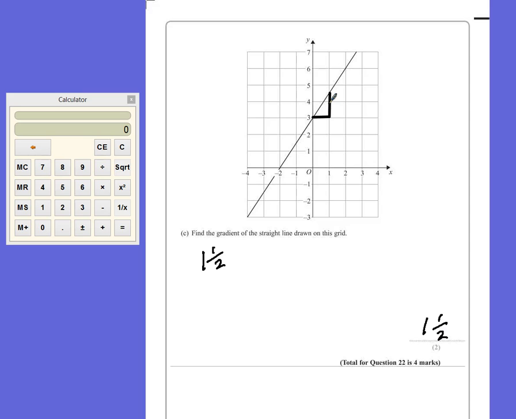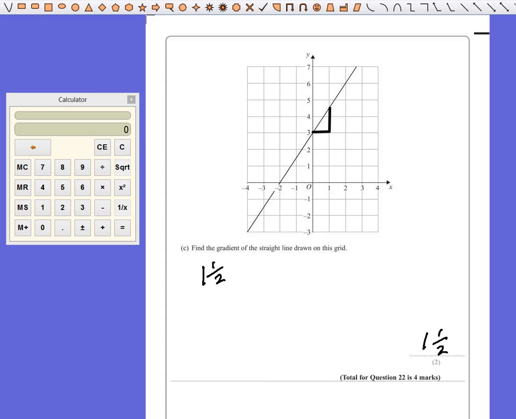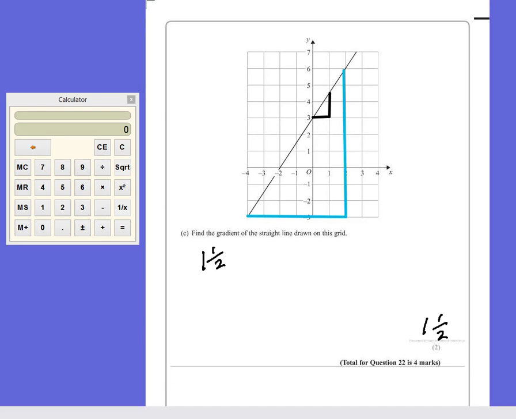But if we didn't know that, the other way that we can do this is to divide the number of squares up by the number of squares across. So I'm going to change colours to show an alternate method on this one. If I draw a really big triangle on here that goes from the bottom corner across and then up to the line, using the grid to indicate exact numbers, you can see that this triangle goes 1, 2, 3, 4, 5, 6, 7, 8, 9 squares up.